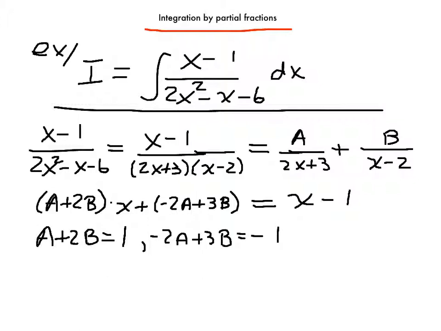And so you know how to solve a two-linear system of equations. And if we solve this, what we get is A is equal to 5/7 and B is equal to 1/7. Okay? And so what we're going to do is simply take those two values for A and B and put them in here and integrate that. So stay with me.